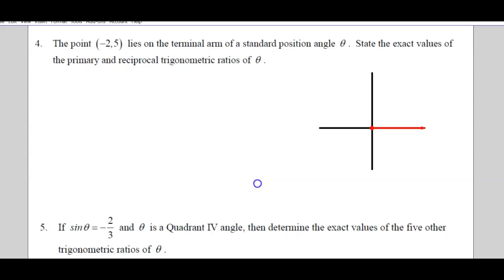So there's your initial arm. -2, 5, that's -2 for x, 5 for y, so it's going to be a terminal arm something like that. So -2, 5 is that point. So there's your angle, theta. From there, we need to draw a vertical line down to the x-axis, whichever x-axis is closest.